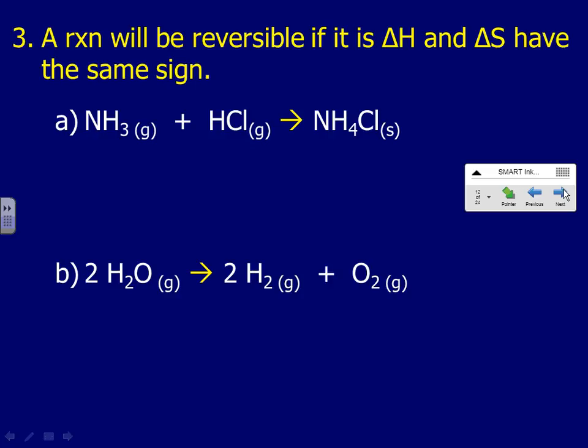Always spontaneous is being both pushed towards the product, but with reversible, one part is pushing it towards the reactants and the other part is pushing it towards the products. So you have this continual switch back and forth between reactants and products. That's why we call it reversible. It can actually head either way.